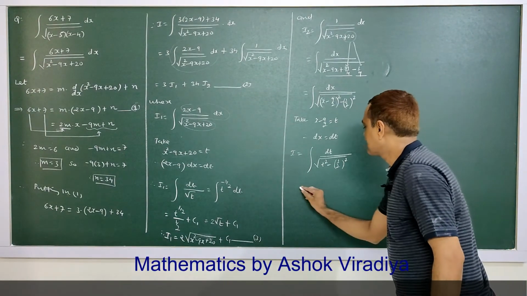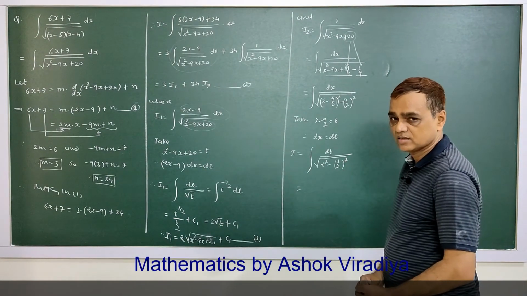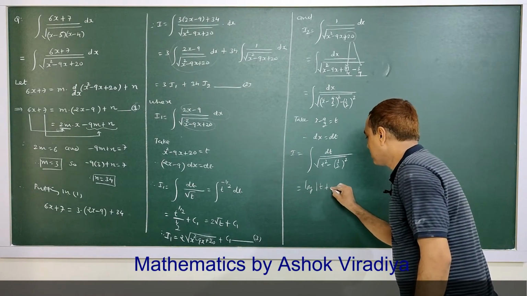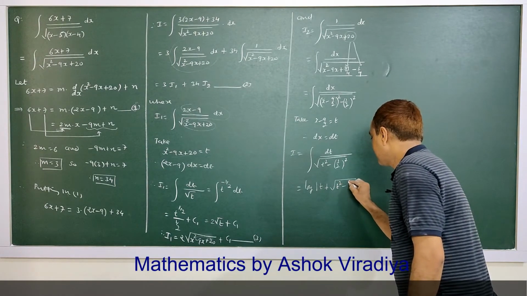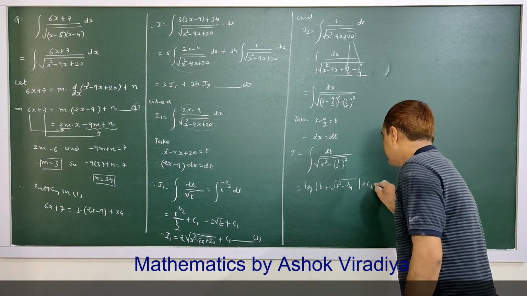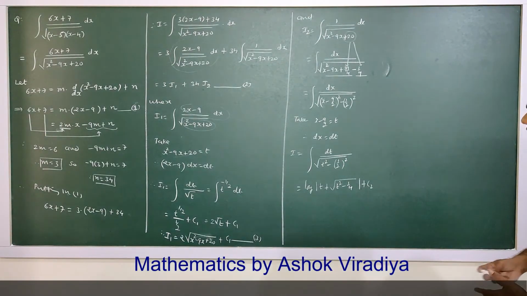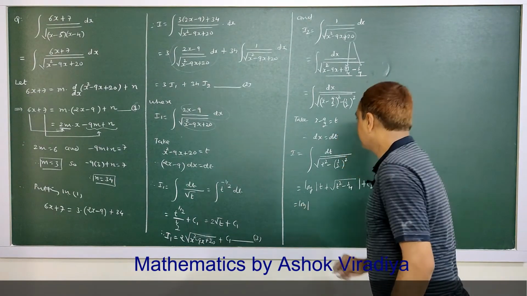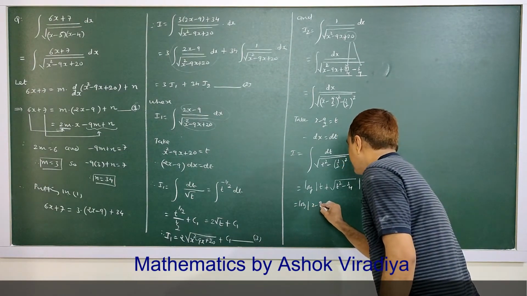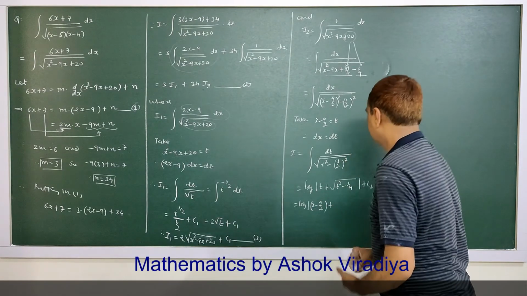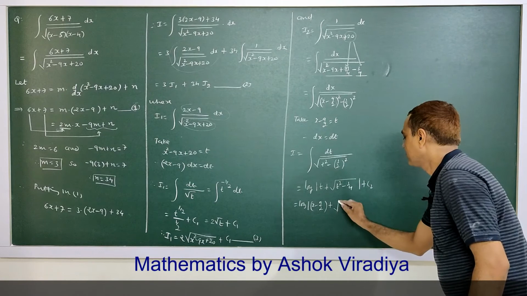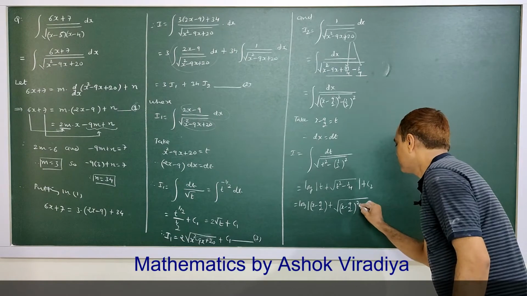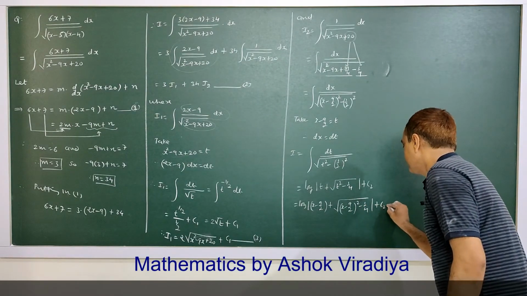So 1 upon root x square minus a square gives log mod x plus root x square minus a square plus c. Here we take c2. Putting the value of t, log mod t is x minus 9 by 2 plus square root of t square, that is (x minus 9 by 2) whole square minus 1 by 4, plus c2.